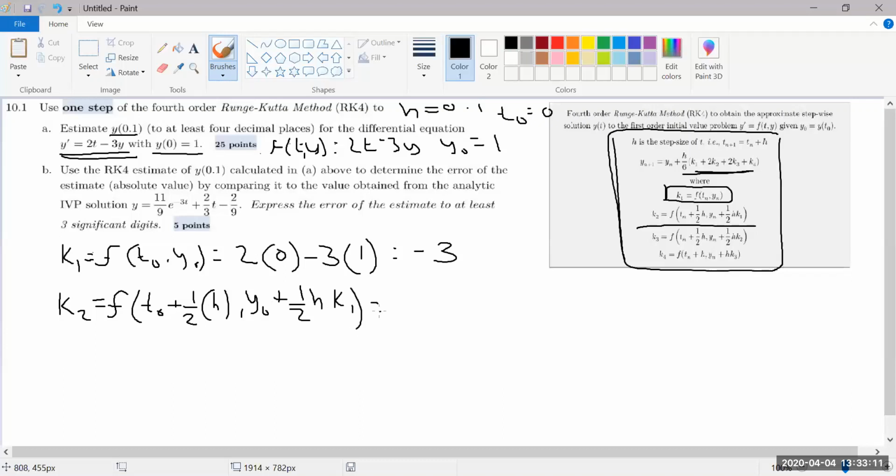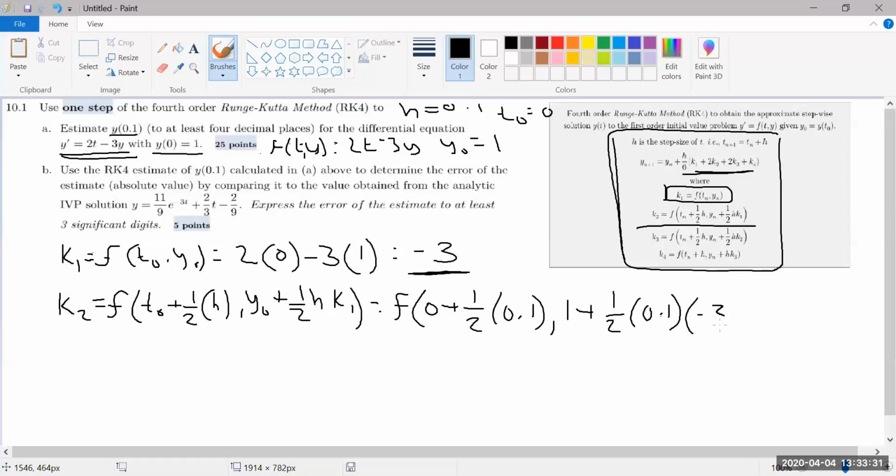Okay, so evaluating that, we get f of 0 plus 1/2 times our h there, and then comma our 1 plus 1/2 of 0.1 for our h, and then we plug in this k1 value, so negative 3.